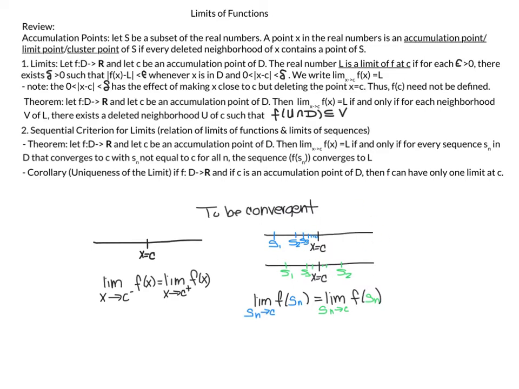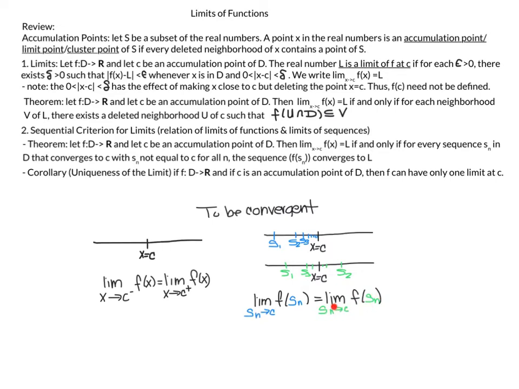Similarly here, if you have two sequences, here I have a blue sequence that's converging to x equals c, and here I have a green sequence that's also converging to x equals c. So for my function f to be convergent, the limit of f of my blue sequence, as the blue sequence converges to c, has to equal the limit of f of my green sequence as the green sequence converges to c.